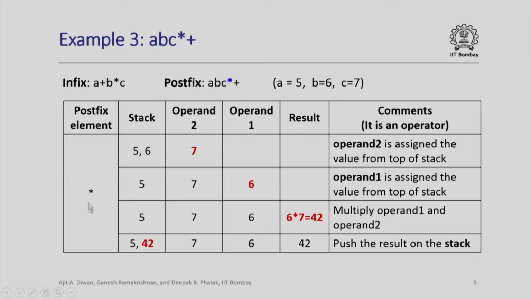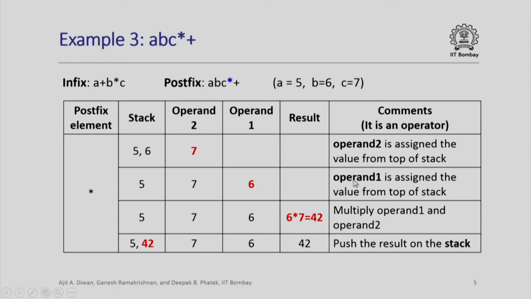The next character we look at is star. Now, star is an operator. By our logic, whenever we encounter an operator, we have to take the top 2 operands from the stack. Currently, the stack contains 3 values, values of A, B and C. Out of these, we will take the top value, which is 7, assign it to operand 2, then we will take the value 6 and put it in operand 1.